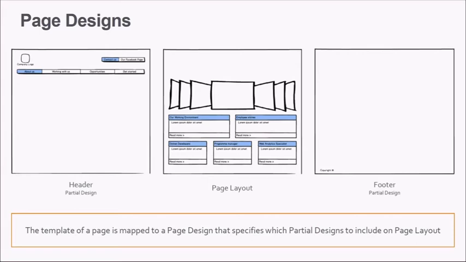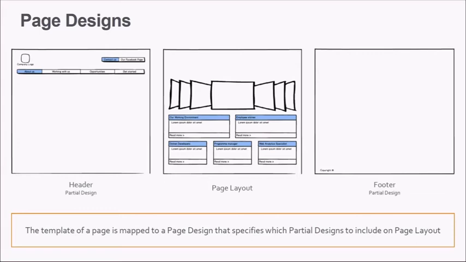A partial design goes with a page design to create your page layout. So you can have multiple partial designs in a page layout. What we're going to build is the homepage layout with a footer partial design.